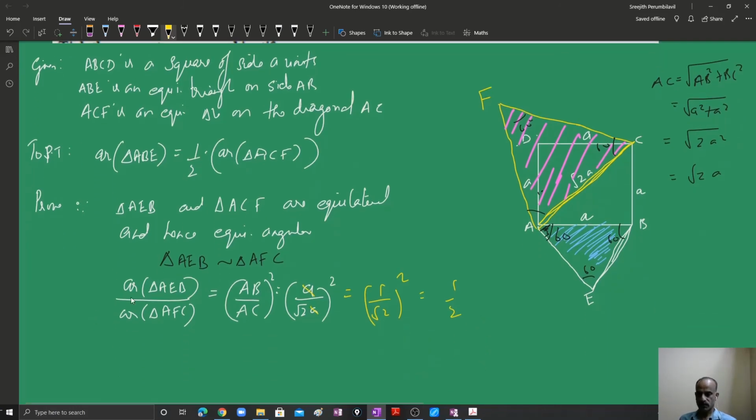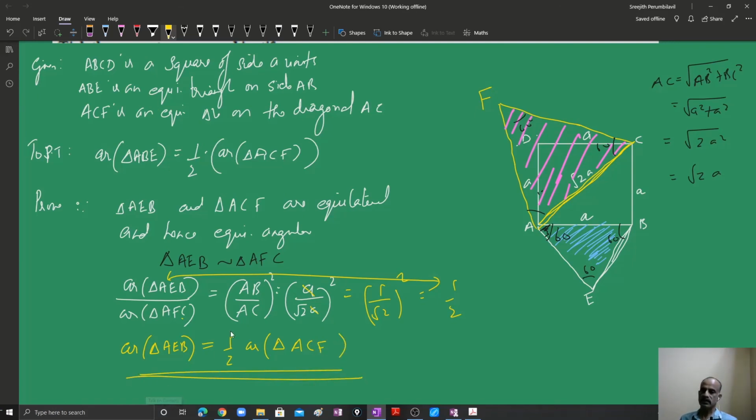When you cross multiply, area of triangle AEB is equal to half times area of triangle ACF. You can write it in any order. That's how we prove this.